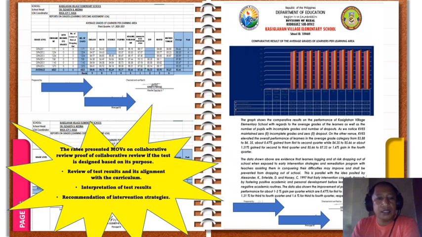So the RATI presented MOVs on collaboration, collaborative review, proof of collaborative review if the test is designed based on its purpose, review of test result and its alignment with the curriculum, interpretation and recommendation of intervention strategies.